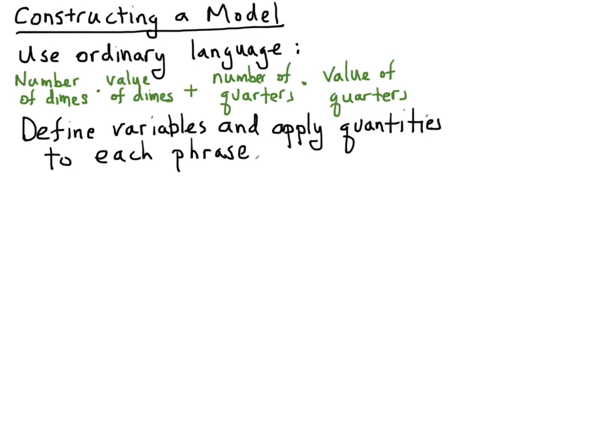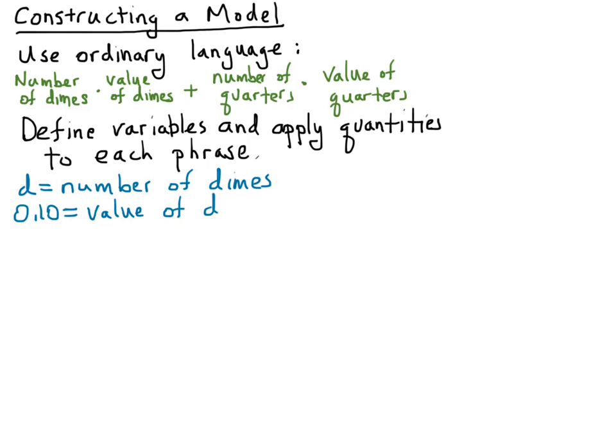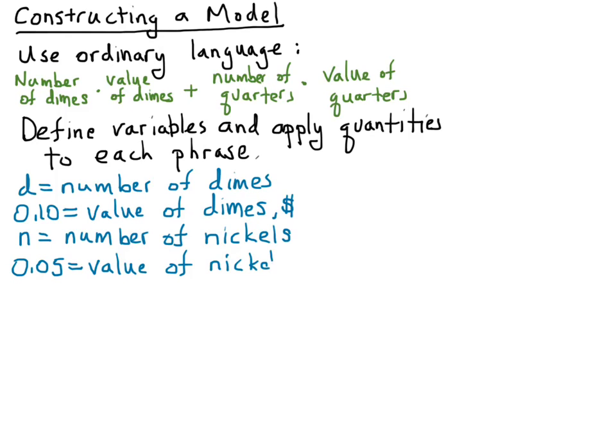And then what you can do is go through and define your variables from here. You can say, okay, I'm going to need D as the number of dimes, 0.1 is the value of dimes, N is the number of nickels, and then you go on from there. Here I'm mixing my example. I have nickels and not quarters, but nevertheless, you should see the point where I have both the variables and also the constants that I know.